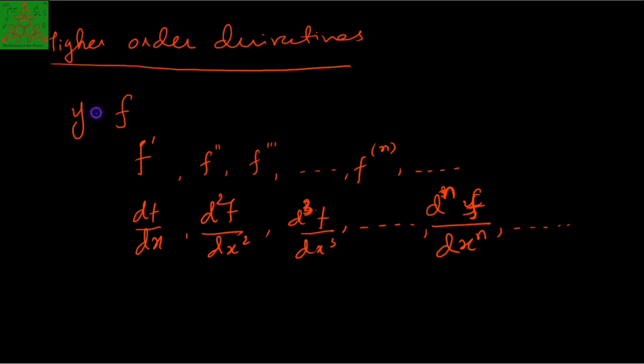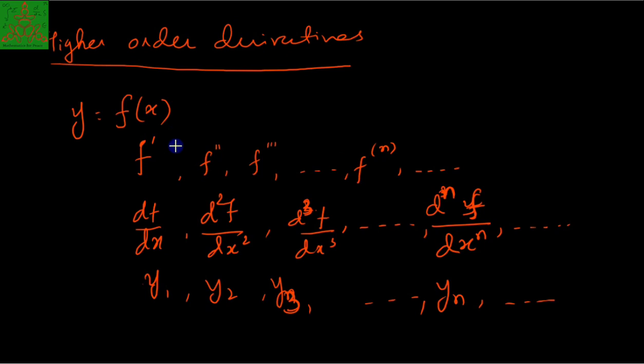If your function is y equal to f of x, then the derivatives are denoted as y1, y2, y3, and so on, where yn is the nth derivative. In general, these are the notations to denote the higher order derivatives.